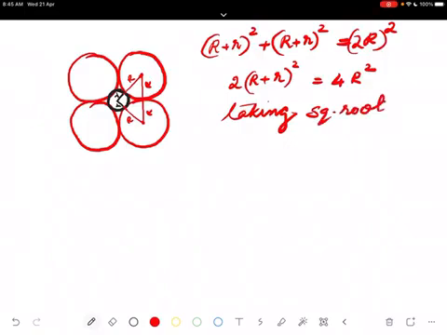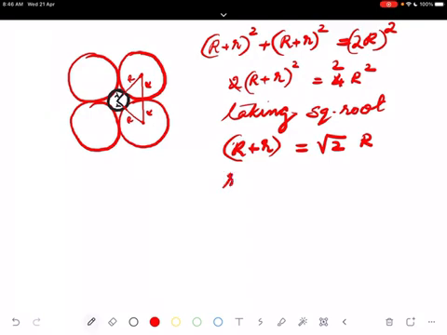Taking square root, that is r plus r is equal to under root 2r. So this relation we have got.